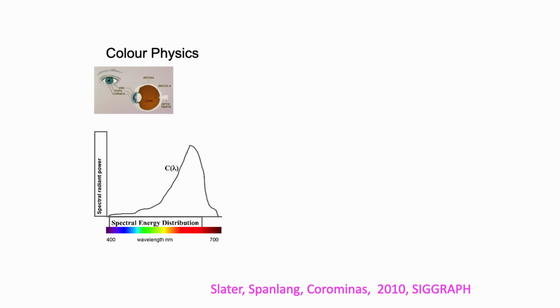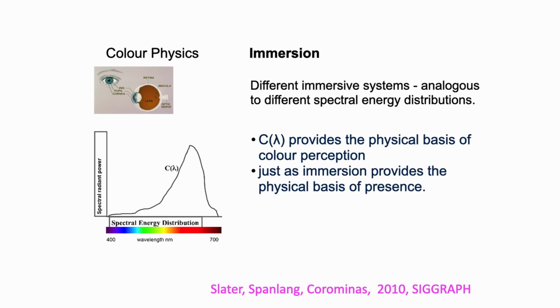The idea is this: in color physics, we have the spectral energy distribution function C(lambda), where lambda is the wavelength, and this is the physical basis of color perception. Different surfaces emit or reflect colors, and this is based on this wavelength distribution, C(lambda).